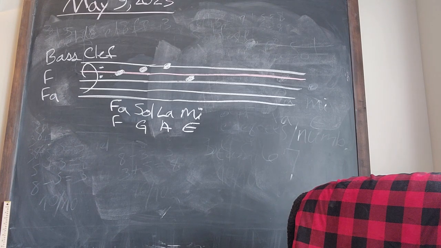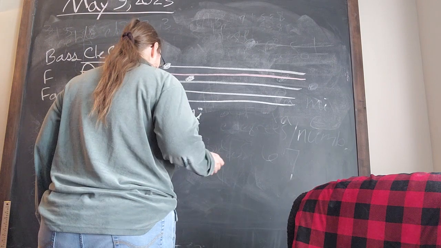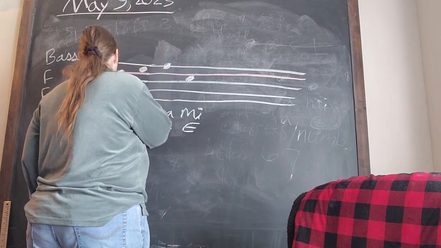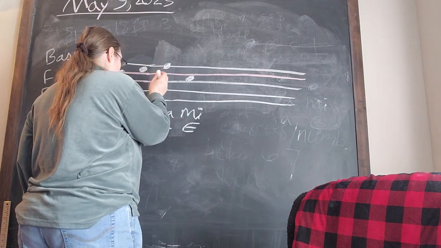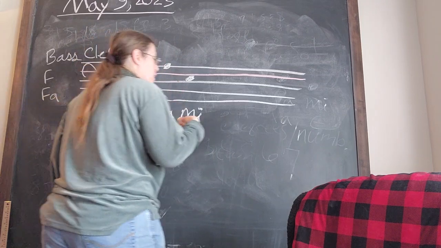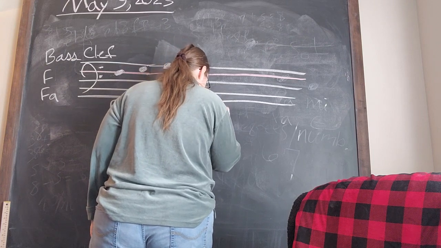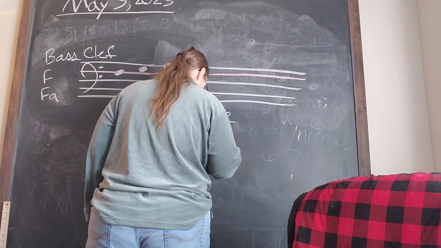So now we're going to descend down, which is going to quickly descend out of my vocal range. So fa, sol, la, mi. And the next pitch is going to be the pitch re.